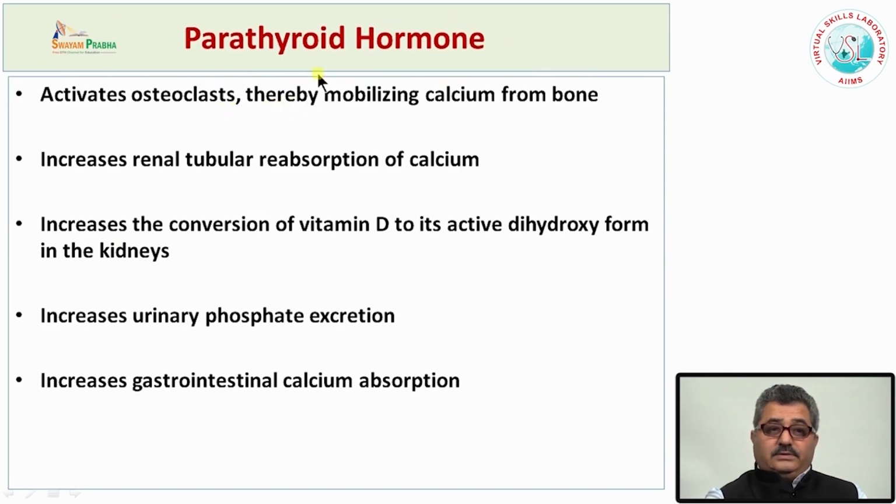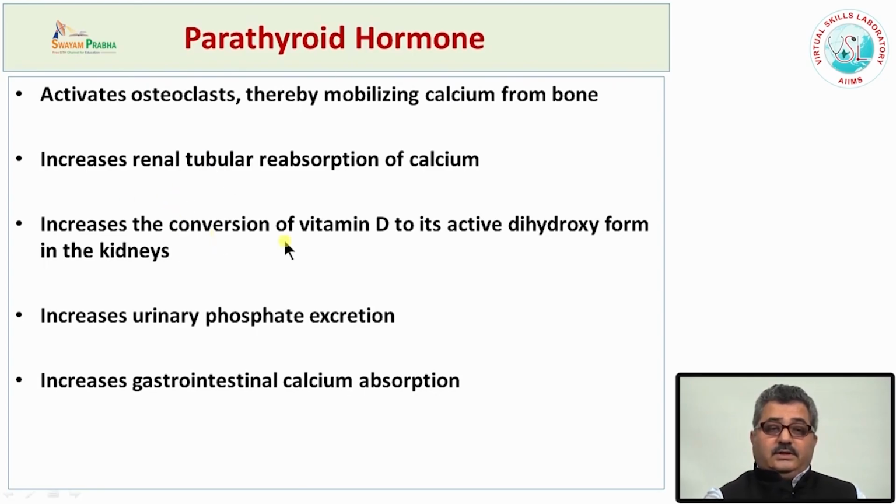In the bones, the parathyroid hormone activates the osteoclasts, therefore it causes the mobilization of calcium from the bone. It is mainly the remodeling of the bones. In the renal tissue, it increases the calcium reabsorption from the tubules.